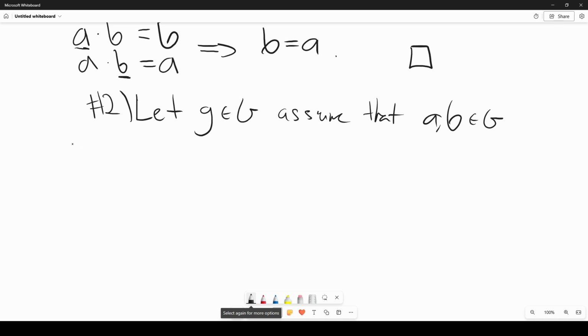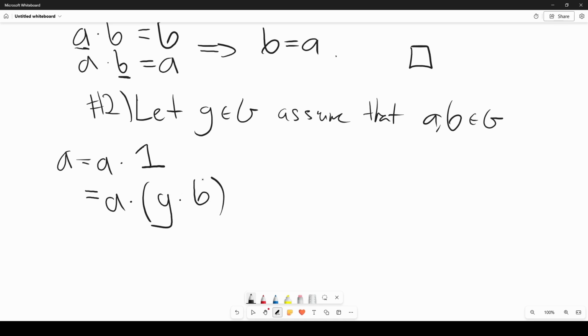So the first thing I'm going to do is write A equals A times 1. Of course, nothing has changed here because 1 does nothing. But since B is an inverse of G, I'm going to write 1 as G times B. So this was just inverses.